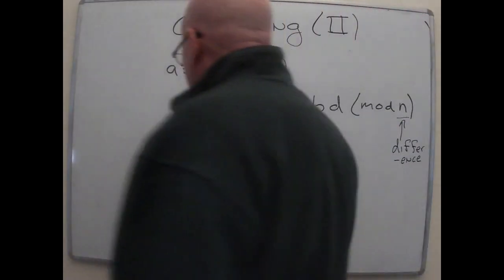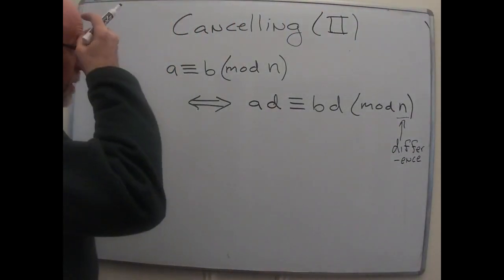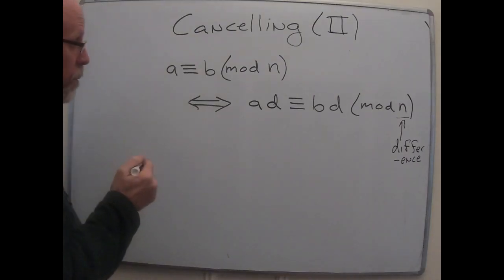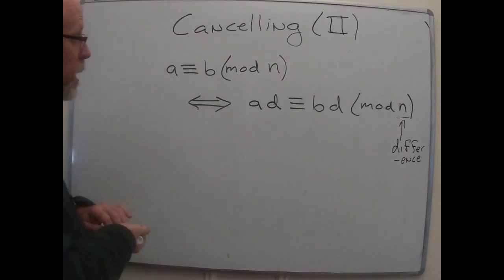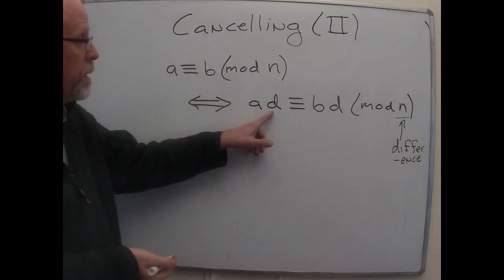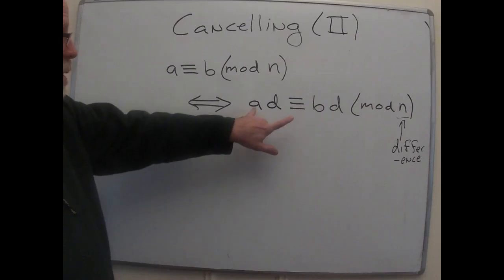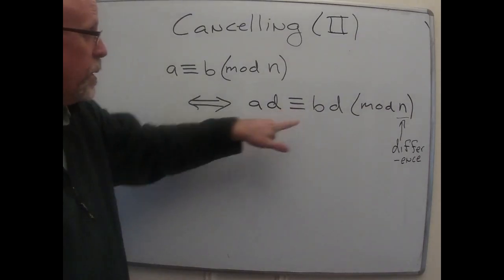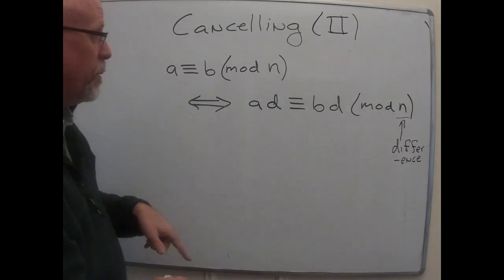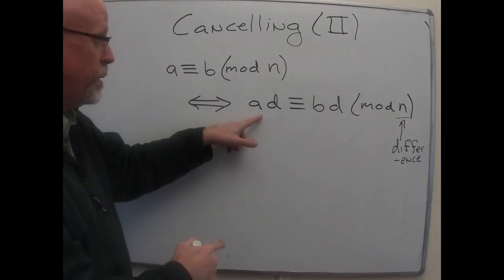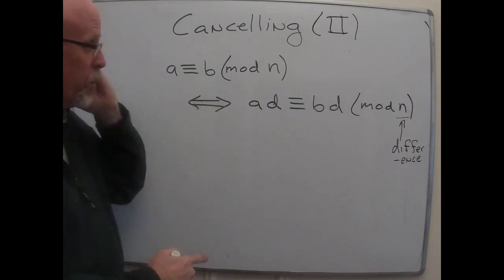Now, there's a proviso, or a couple of things you need to check for. Would it be okay to have d be 0? Well, if d were 0, I could take something that wasn't true, and by multiplying both sides by 0, create something that was true. So that would not preserve the truth.